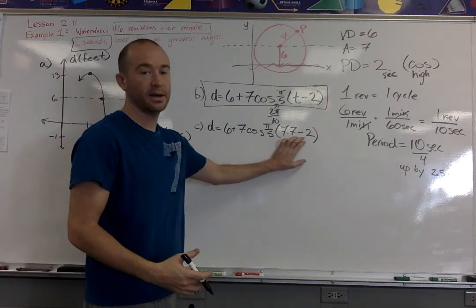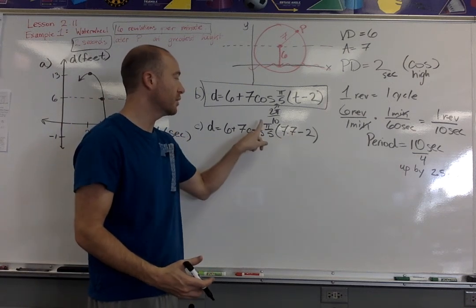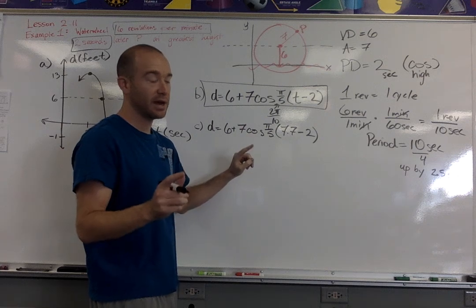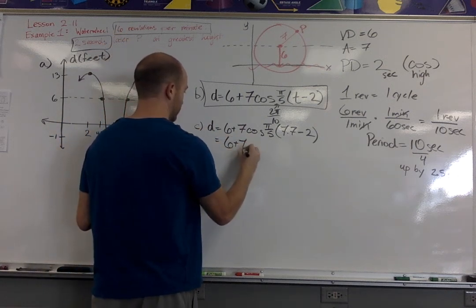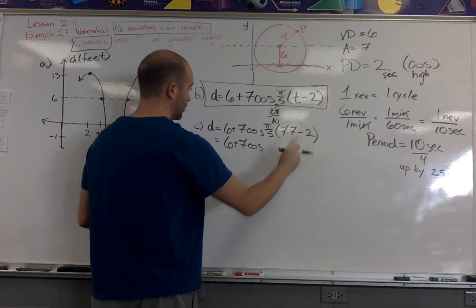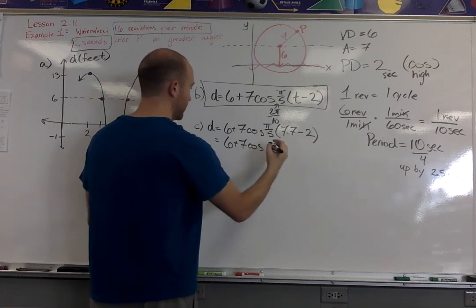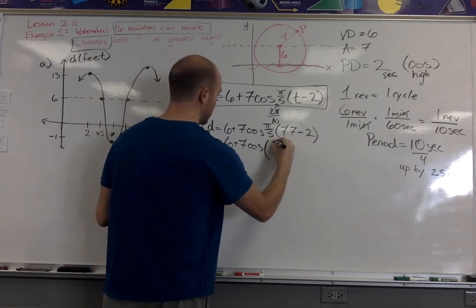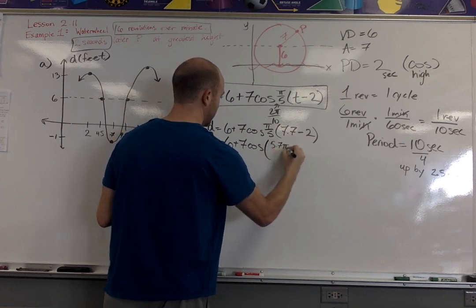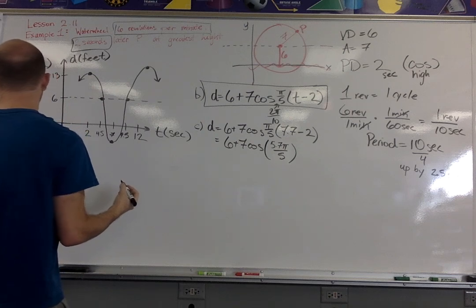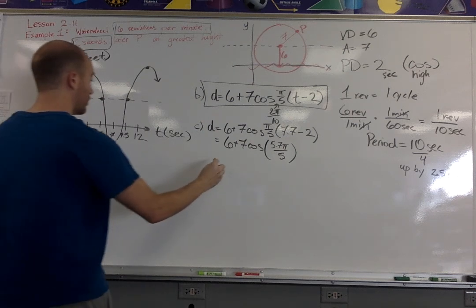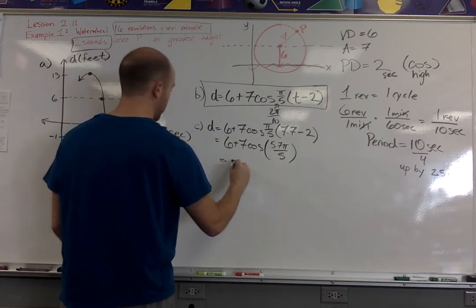You want to subtract 2, put this number on pi, and make sure your calculator is in radians and type it in. So if I subtract 2, I get 5.7, so it's going to be 5.7 pi over 5. And you want to type that into your calculator, and if you do it correctly, you should get -0.33.